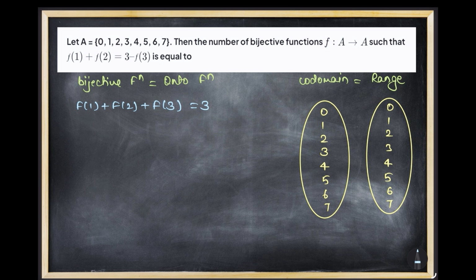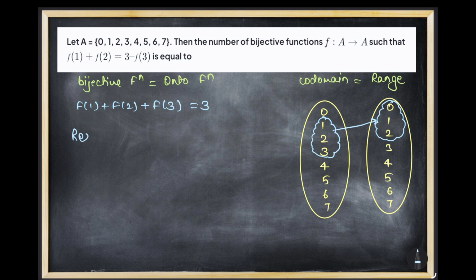Means the sum of 3 outputs should be 3, and it is only possible if you go with 0, 1 and 2. So this cloud will be connected with this cloud and the remaining elements will be connected with the remaining elements.